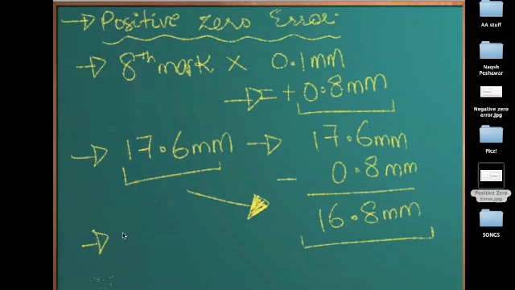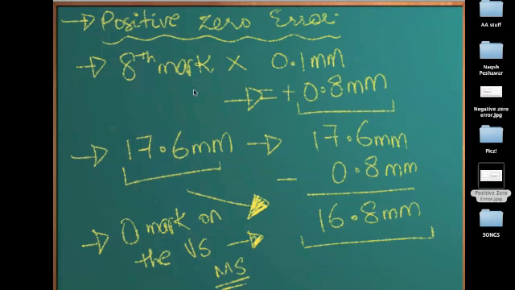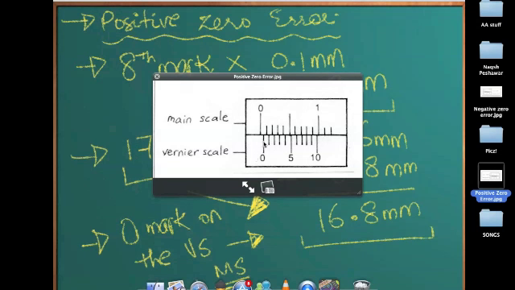To check whether you have a positive or a negative zero error, just remember this: whenever the zero mark on the Vernier scale is on the right side of the main scale zero, it's always a positive zero error, like in this scenario.